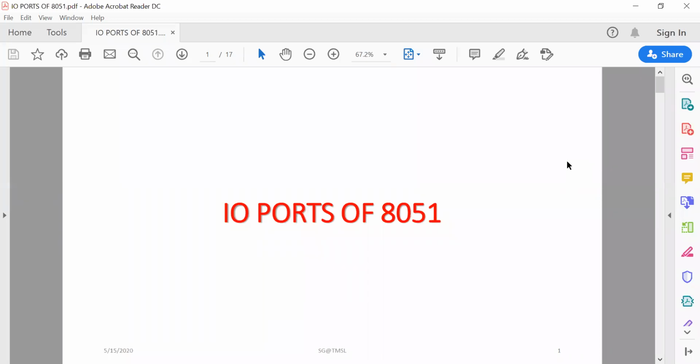Actually it is a 40 pin IC, and to minimize the pin number, some alternate functions have been incorporated into other pins. So basically port 0, port 2 and port 3 have alternate functions. Only port 1 is the dedicated port, used only for input output interfacing.